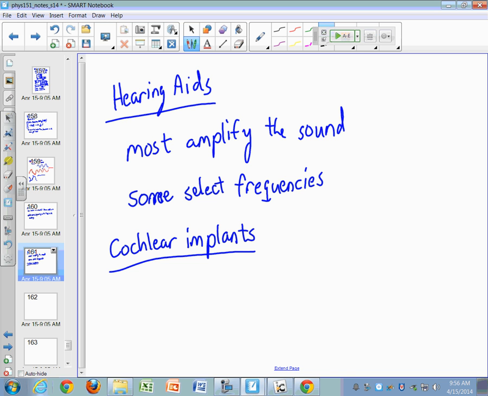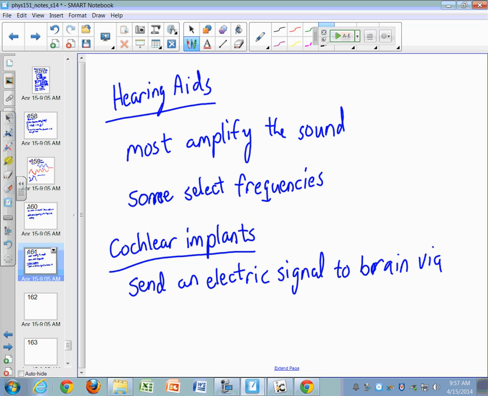So it basically does the work of the cochlea. It converts sound into an electrical signal, which then is sent directly to your brain via the auditory nerve.